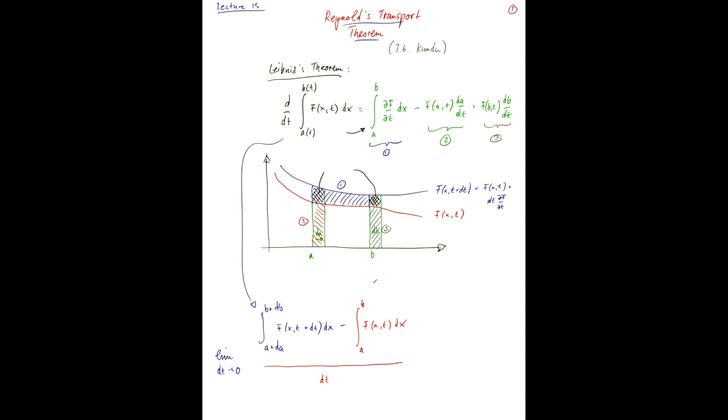That's because these are second order small. Since this is roughly df, and this distance here is dB, and this distance here is dA, you can see that these two areas are small, so we can ignore them in this first order approximation.